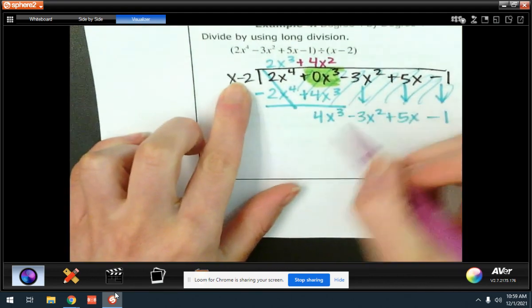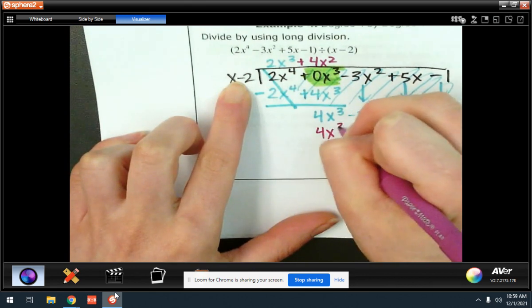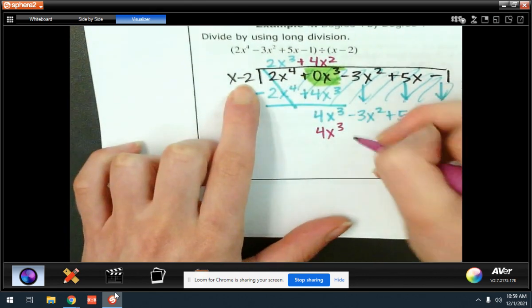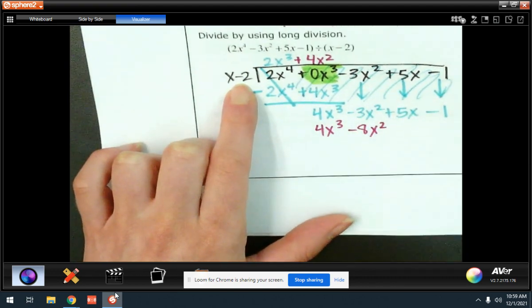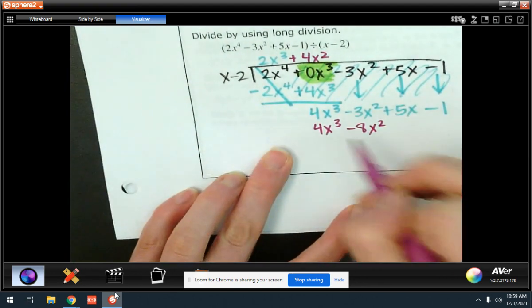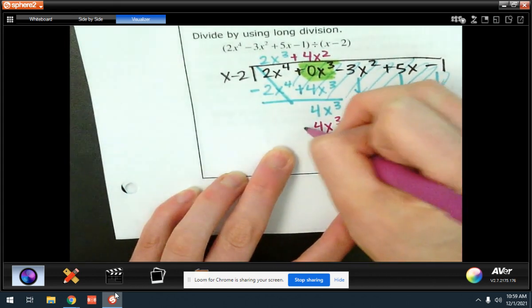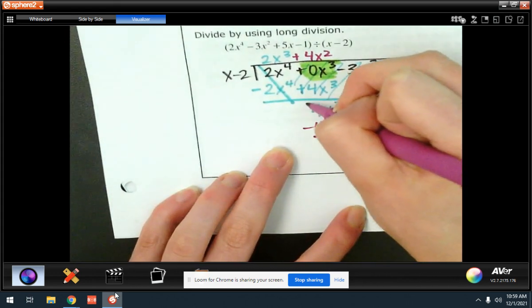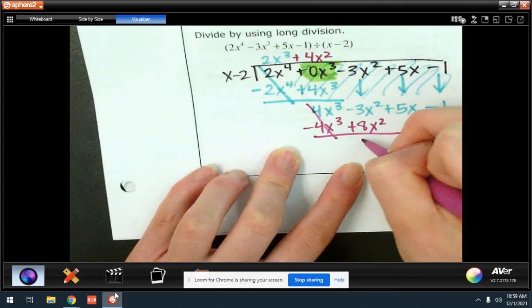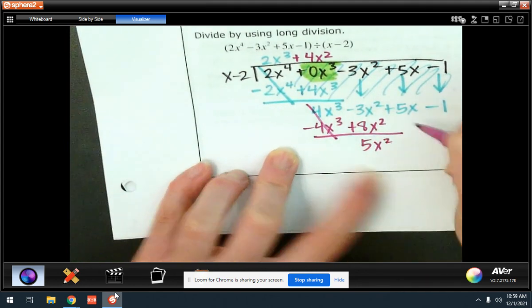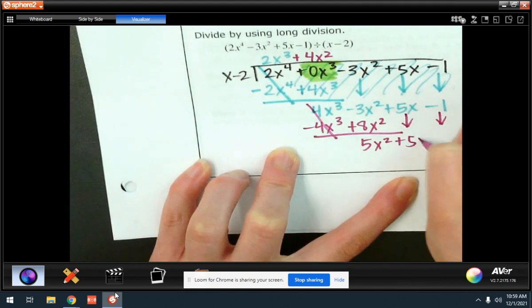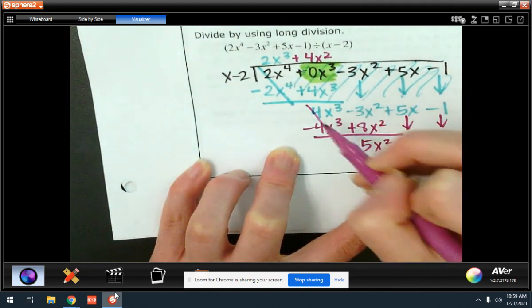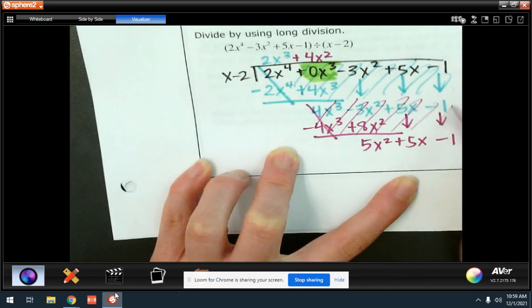Okay, so 4x squared times x is 4x cubed. 4x times negative 2 is negative 8x squared. Draw your line, change your signs. That term is gone, leaving us with a 5x squared. Bring down the rest of that blue polynomial, and then ignore everything above the line.